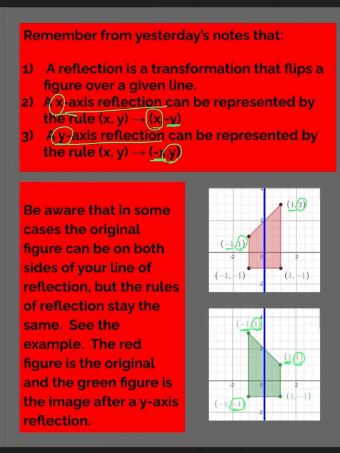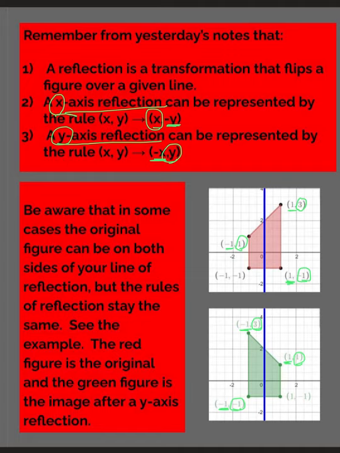So here my y coordinate was -1. It still is -1, and my x coordinate, which was 1, became the opposite. Okay? So the same for the last ordered pair.